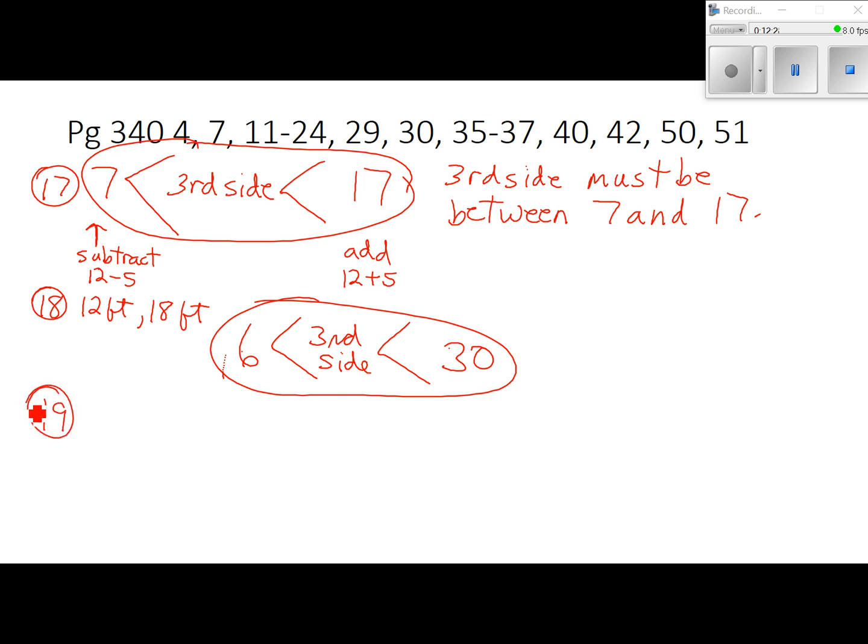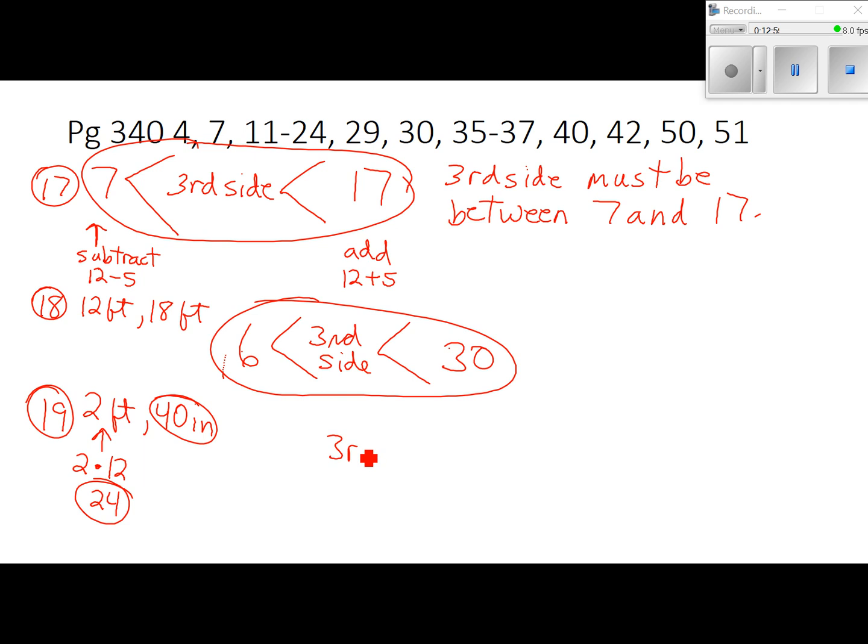19, got to be careful when they do stuff like this to you. They say 2 feet, and the second side that they give you is 40 inches. Well, you can't just do them because there's two different units there. So the very first thing we have to do to this 2 feet is change it into inches. The way we change it into inches is multiply by 12, and you get 24. So now we use the 24 and we use the 40 to find it.